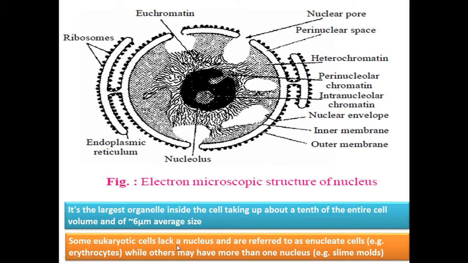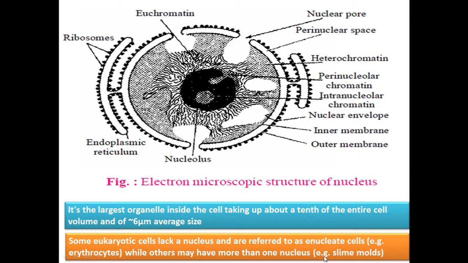Now all eukaryotic cells have a nucleus surrounded by the nuclear membrane. In prokaryotes we don't have this nucleus with a nuclear membrane. Only in eukaryotic cells this type of nucleus is present, but there are some exceptions like erythrocytes. I already explained in previous videos that during maturation they lose the nucleus, and in some slime molds there is more than one nucleus.